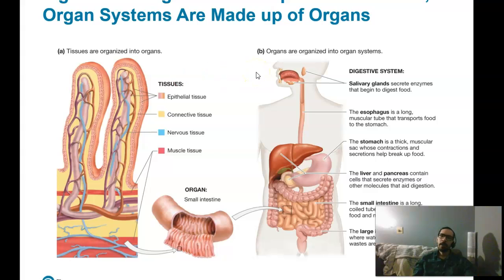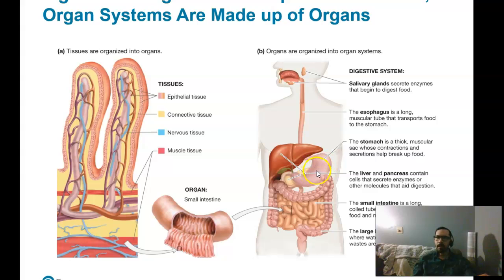On the right, you can see a diagram showing the digestive system, and how the different organs work together to accomplish a function. In the digestive system, digestion begins up here in the mouth where the salivary glands secrete enzymes to begin digestion. Then the food gets pushed down through the esophagus and makes its way to the stomach where it's broken down with things like hydrochloric acid, and also just the contractions of the stomach.